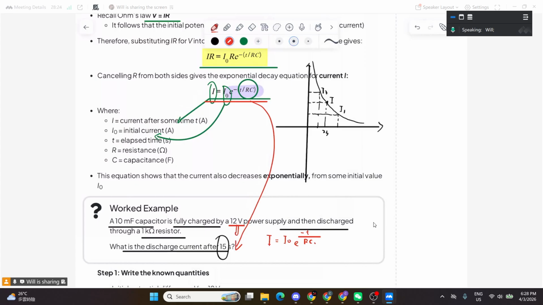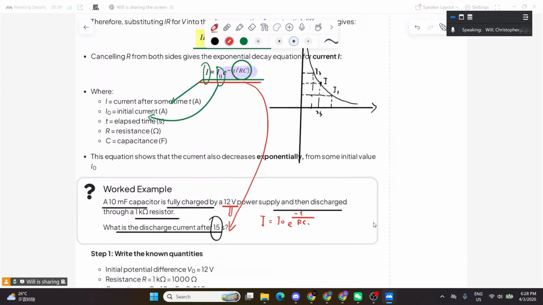V equals IR, so we can use Ohm's law: the potential equals the current times the resistance.